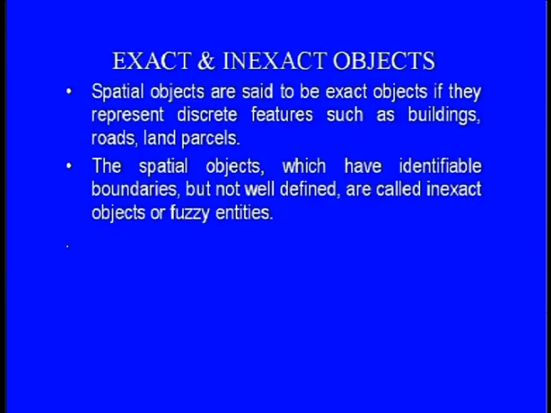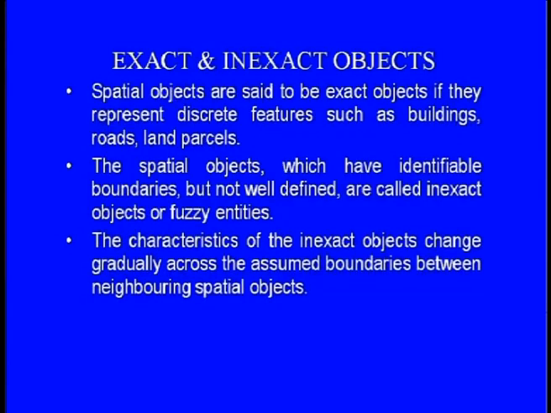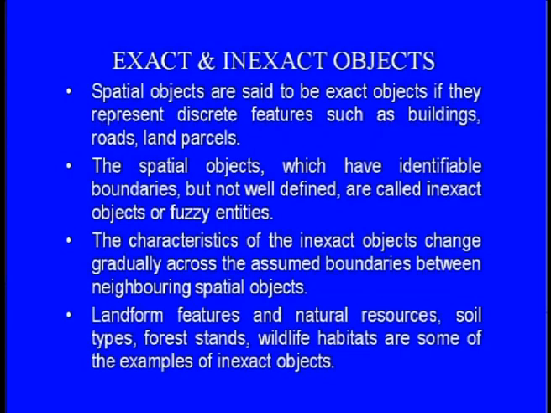The spatial objects which have identifiable boundaries, but not well defined, are called inexact objects or fuzzy entities. The characteristics of inexact objects change gradually across the assumed boundaries between neighboring spatial objects. Landform features and natural resources, soil types, forest stands, wildlife habitats are some examples of inexact objects.